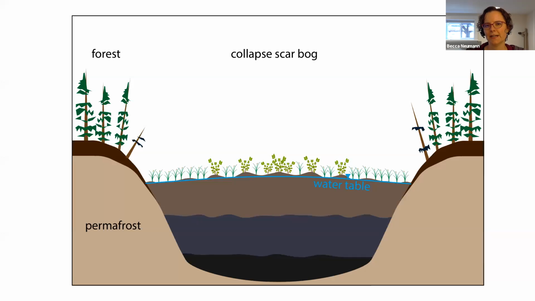This is a simplified cartoon representation of that landscape, and when we're thinking about the climate consequences of such a landscape change, so the conversion of a forest into a wetland, we know that immediately with permafrost thaw, we can get a loss of carbon that had been stored in the permafrost.